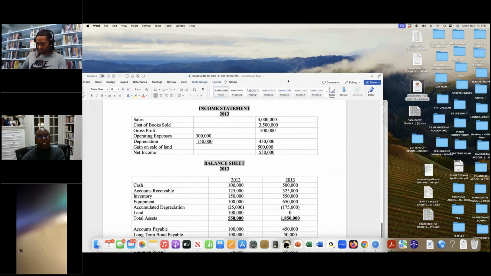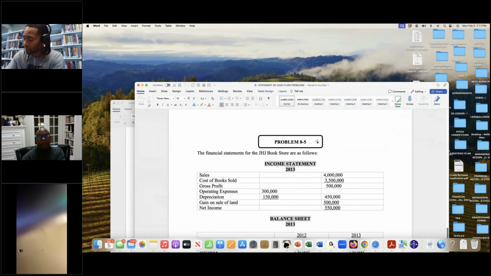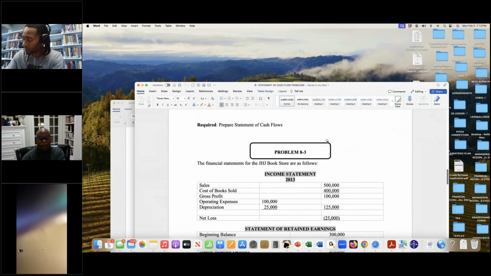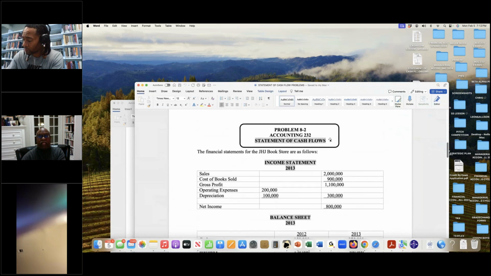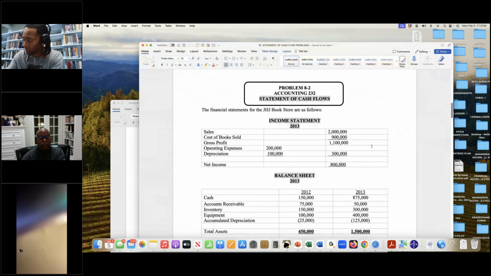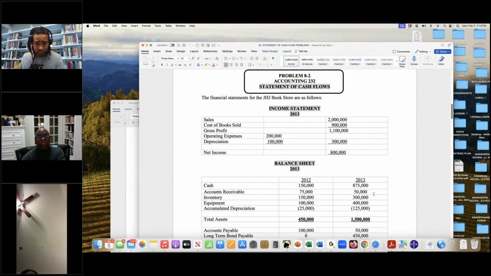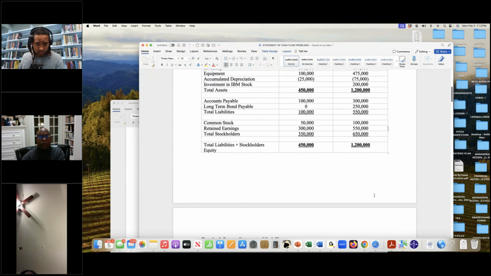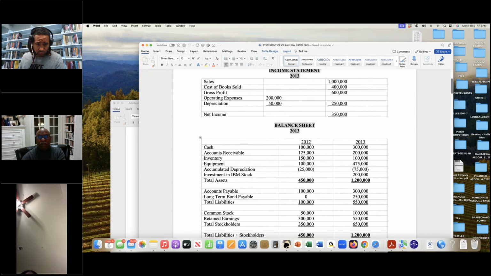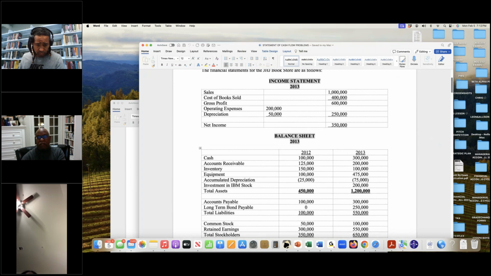All right, let's see if we can look at receivables for these problems. You should have those first four things done. Then we come to accounts receivable. In problem one, receivables were 120,000 at the beginning of the period, 200 at the end of the period.